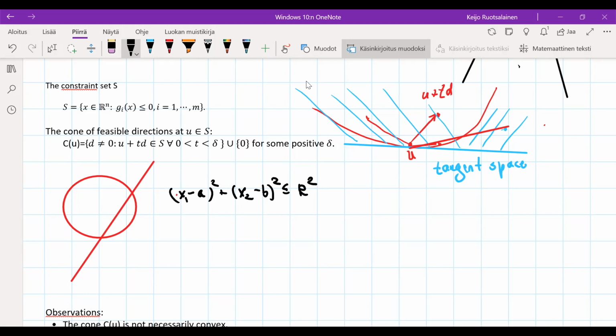And the other condition is, for example, that k1 times x1 plus k2 times x2 is less than some constant b. And then our constraint set is, for example, here.